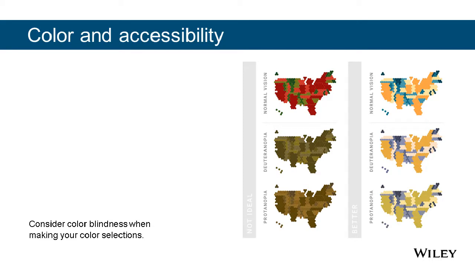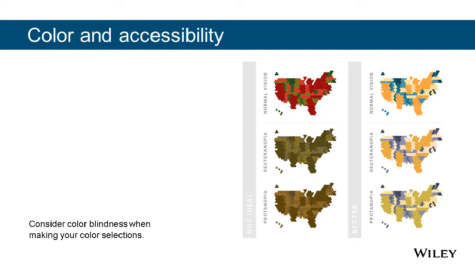And a final point on color while we're on the subject is it's always helpful to consider color blindness when making your color selections. When you contrast red with green, for example, that can make your chart muddy and hard to read for people with red-green color blindness. And this graphic here on the left represents what that looks like for people who can see the full color spectrum, and then for people who have various types of color blindness.